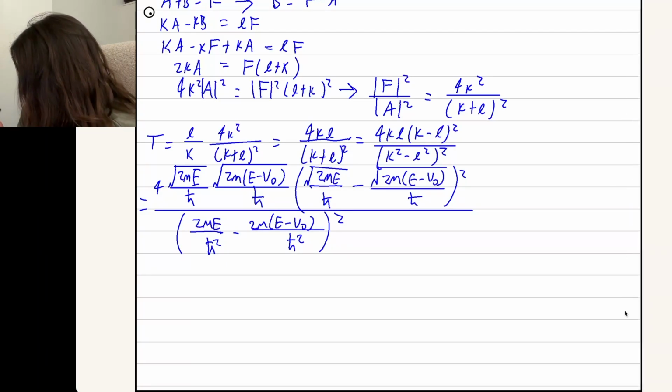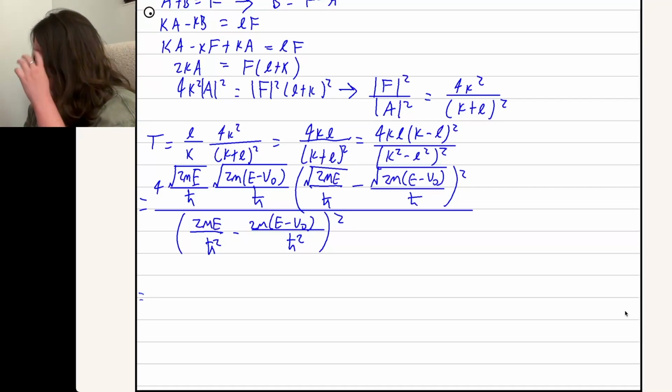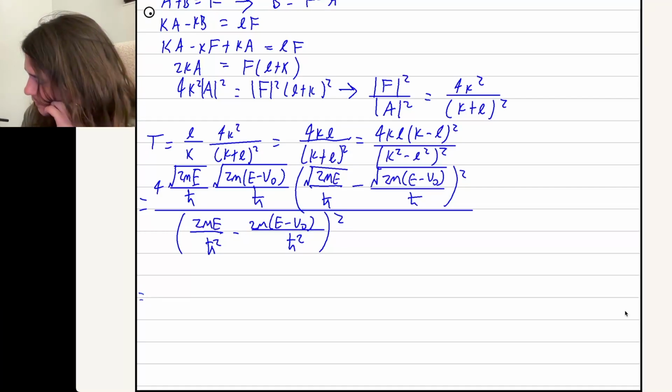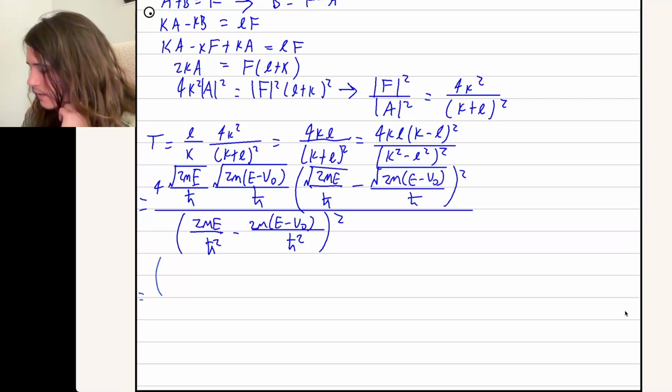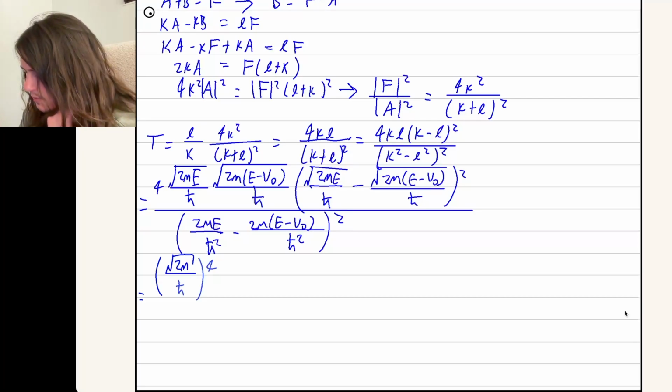From here, on the top side, we'll factor out a total 2m over h bar to the fourth, much like before.